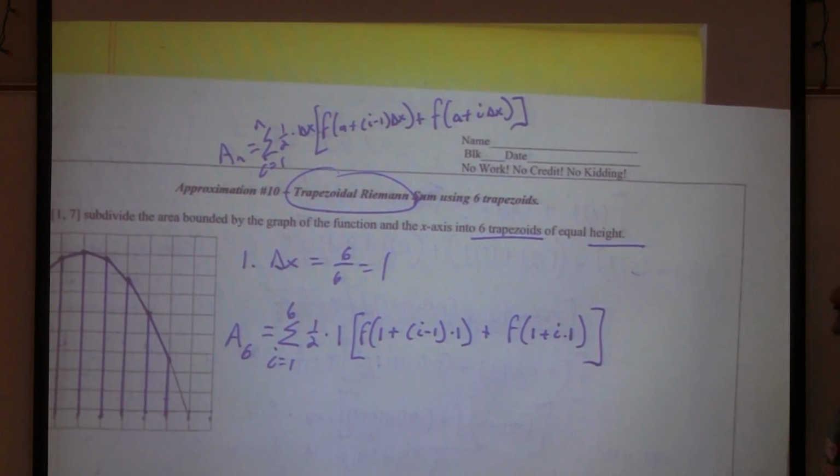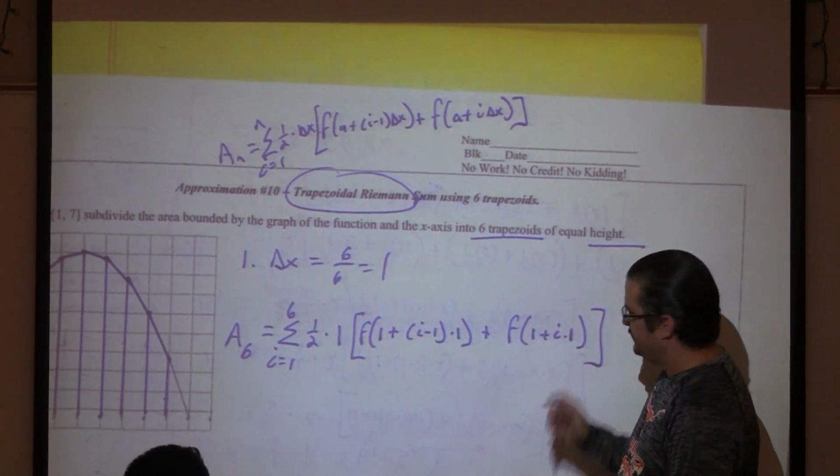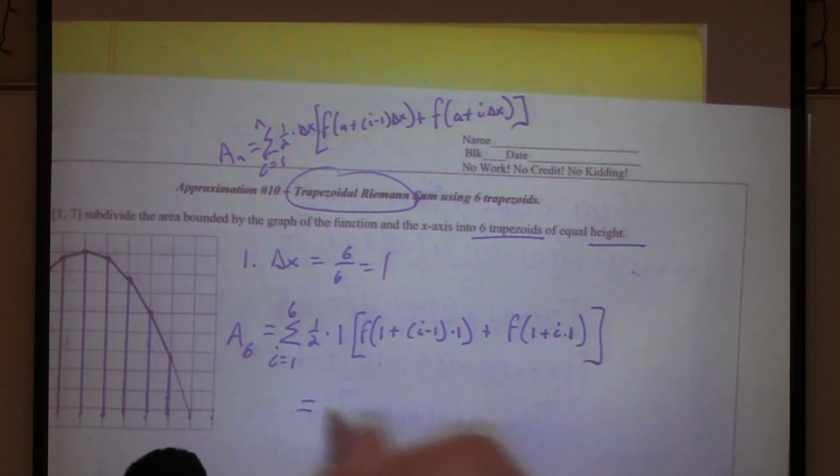And that would be good enough to give us our answer, right? On my calculator, I don't need to put those times 1s, right? I want to save some time. Type that in and see what we get.